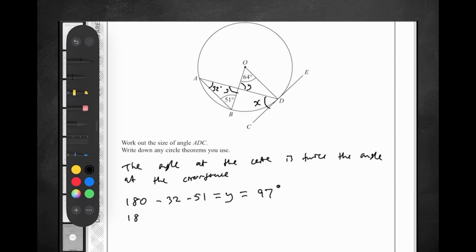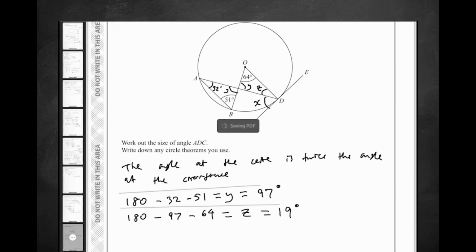So 180 minus 97 minus 64 is going to give us angle z, which is 180 minus 97: 180 minus 100, 80, plus 3, 83, minus 64, that's going to be 19 degrees.